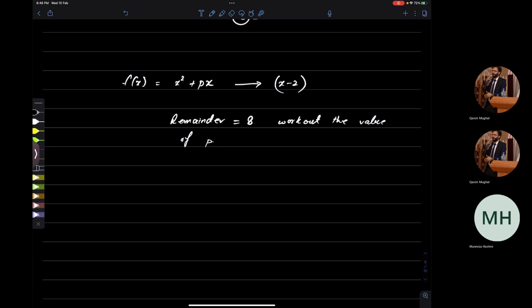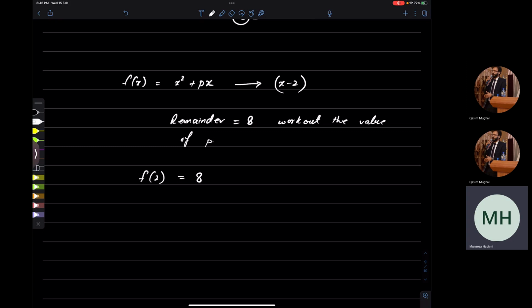How would you actually calculate the remainder? It's given to you, but how would you find it out? Change the sign of it, put it into the function, and you will have your remainder. So what should I plug into this one? Positive 2, which means f of 2 should give me 8, isn't it?